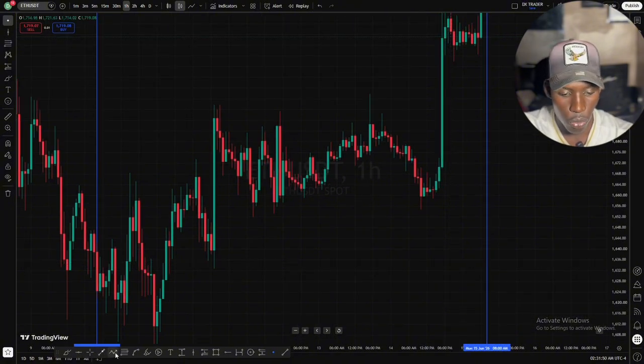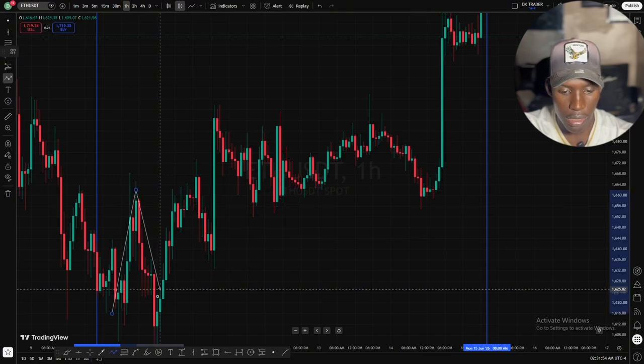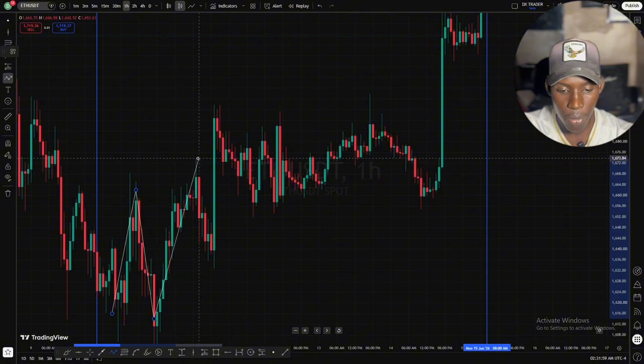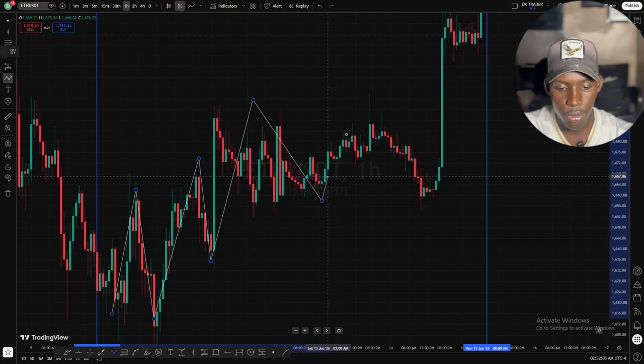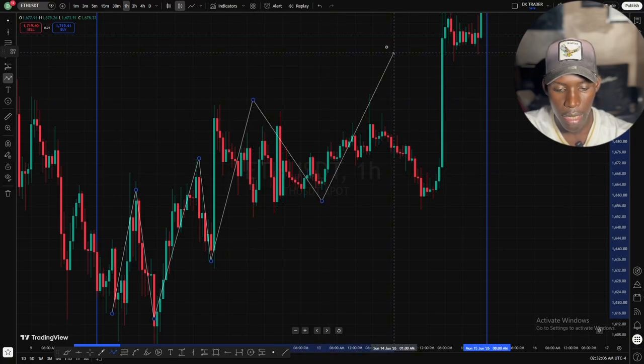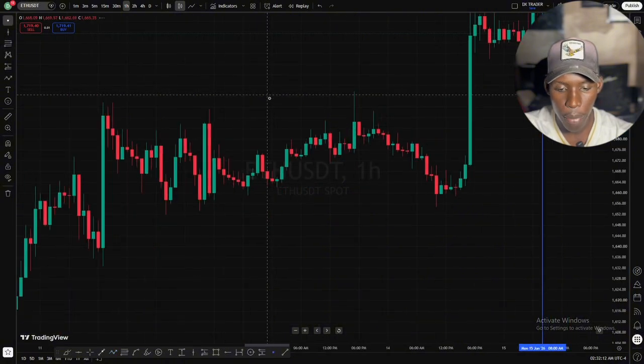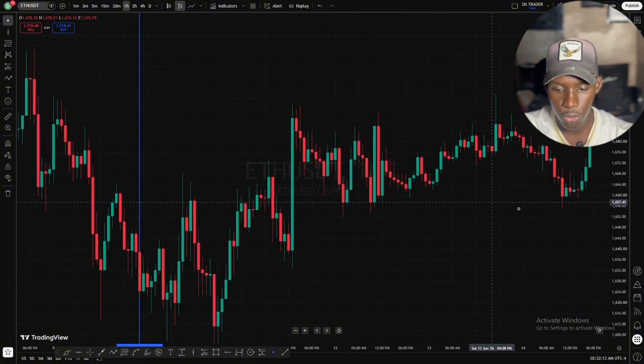So now this is what we call the higher high levels of the market. From here, this is the higher high. The market breaks down and still pushes up by breaking the previous high, and still goes for a retracement, still breaking the other previous high before going for the final retracement, and still boom, the market has moved up. So now here we have an uptrend market structure where we are going to spot out our break of structures.